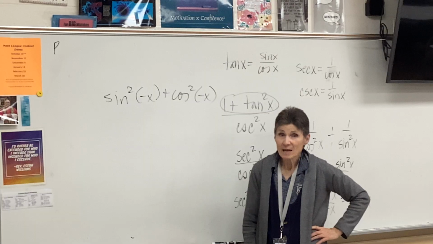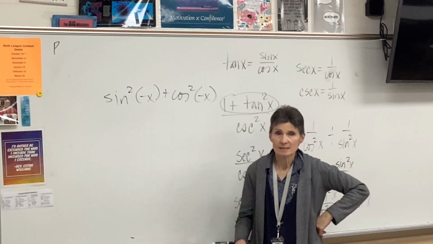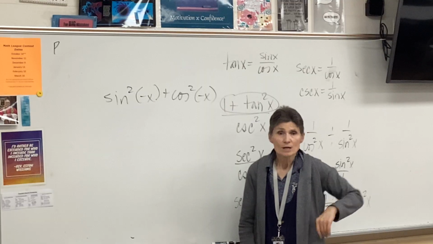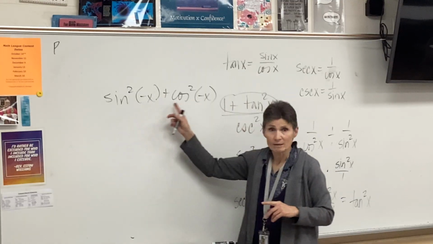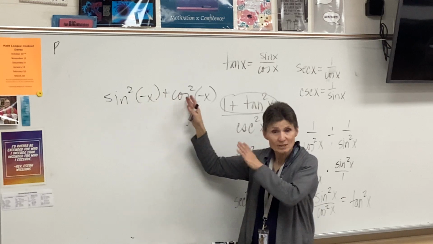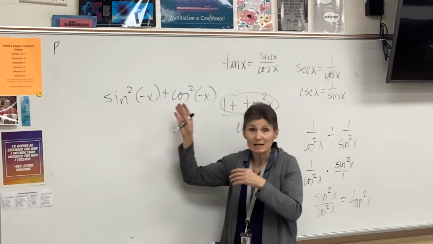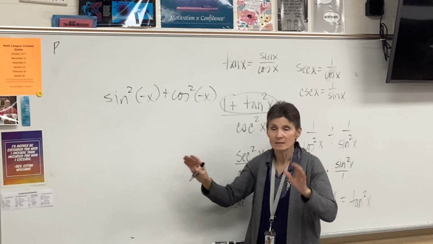Now, theta can be anything. These are called identities because they're true no matter what you put here. This could be sine squared p, cosine squared p. In this case, it happens to be sine squared negative x. Doesn't matter one bit.